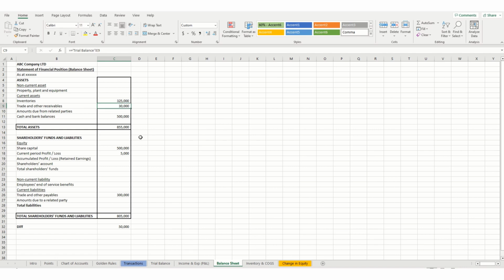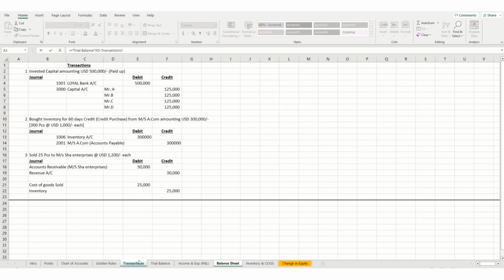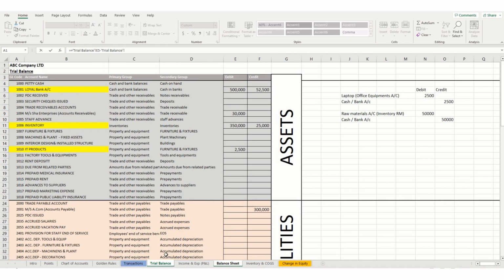And there is trade and other receivables 30,000. This cash and bank balance still shows 500,000 because we have not linked the credit side. So we need to link the credit side in the cash.